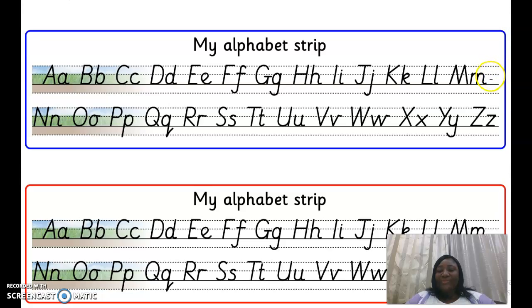Can you see? This is your second line. And then you go all the way down to the last or fourth line and ensure your tail goes beyond that, like they've done here. Can you see, all the way from the second line through the third line down to the bottom, which is line 4.